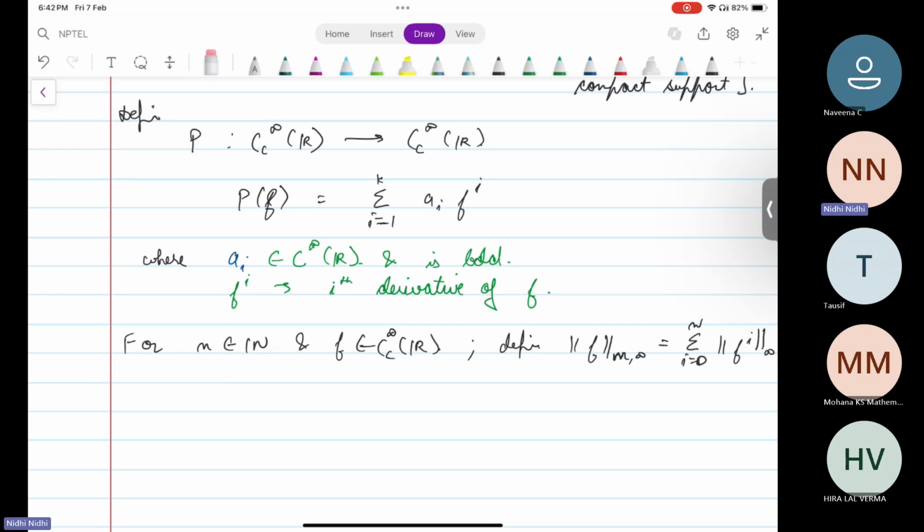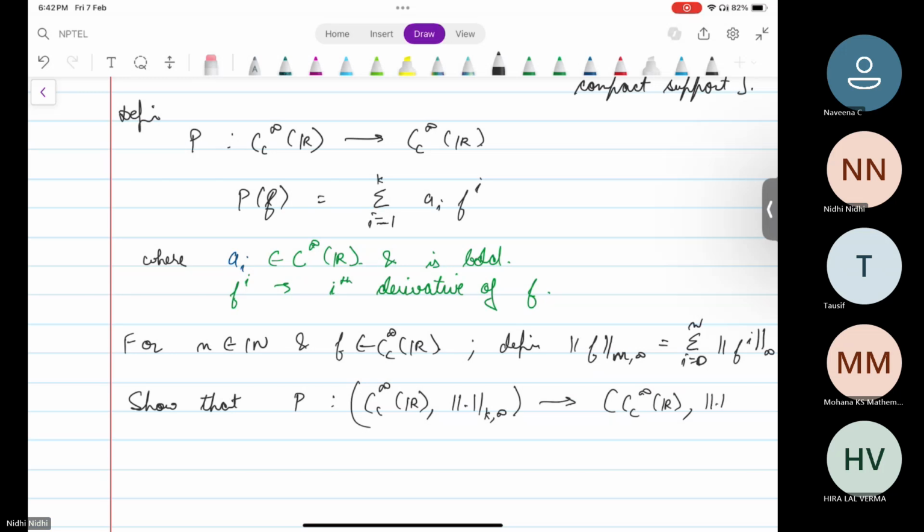So I define a norm like this, so that this P from Cc infinity R with norm K infinity to Cc infinity R with norm 0 infinity is continuous.